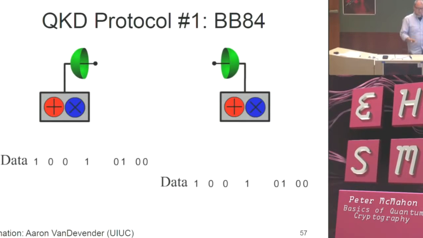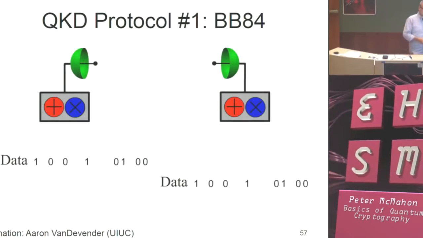But if some eavesdropper Eve was listening in and trying to then repeat the signal back to Bob after listening in on it, Eve will necessarily have made some mistakes because she doesn't know which bases that Bob is measuring in, so she has to guess. And if she guesses, some of the time she will guess wrong, and so with high probability, if you do this for some reasonable length of string, you will be able to detect interceptions.